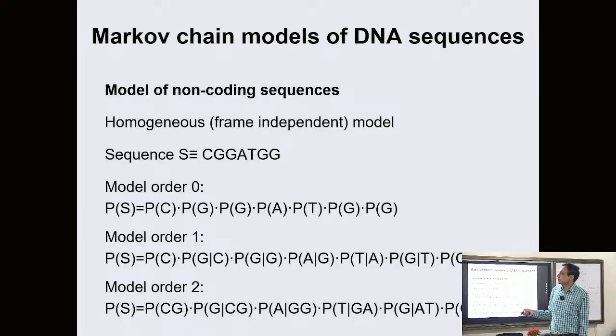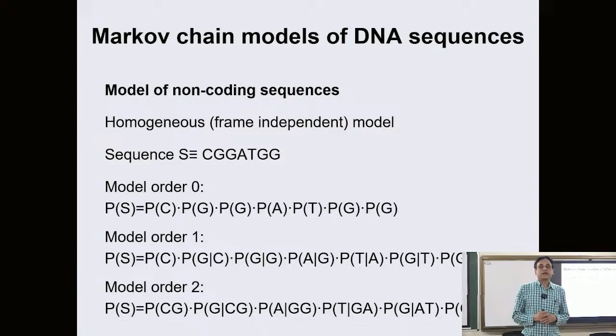So the probability of starting in the dinucleotide CG, and then making a transition to G, is indicated by the probability of G given CG, and then the probability of A given GG, and so on, and finally the probability of G given TG. You can thus model a non-coding sequence using a homogeneous Markov chain model.